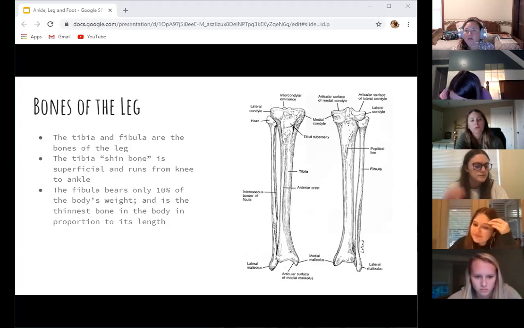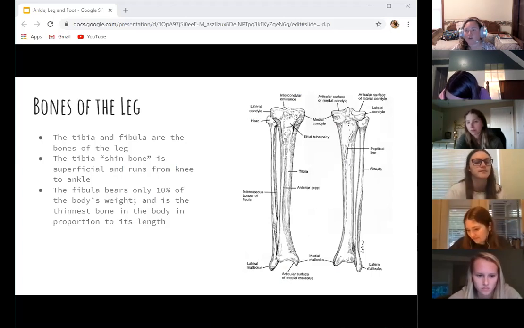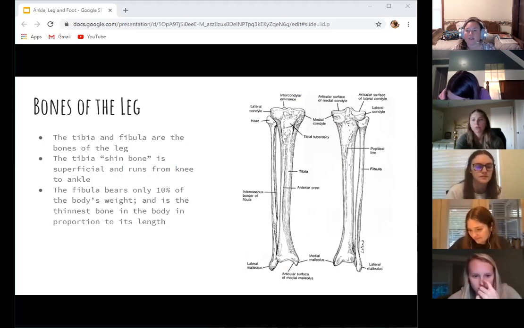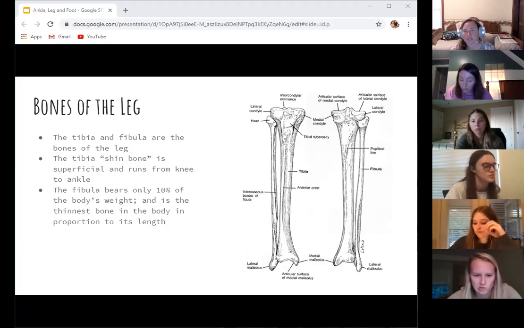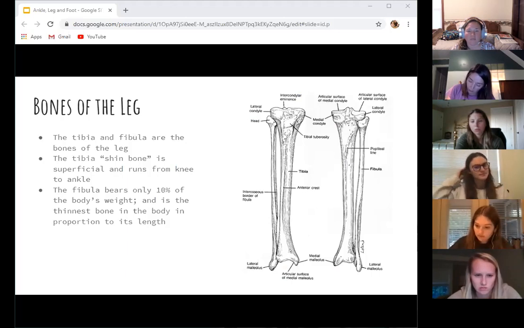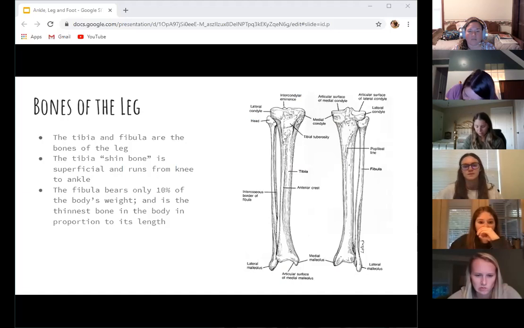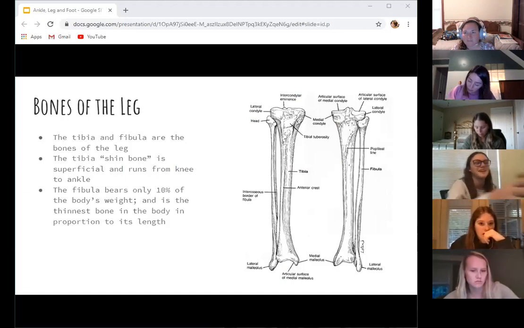The fibula bears only about 10% of your body's weight. It is the thinnest bone in the body in proportion to its length. So it is a long, thin bone. And it has fewer actual attachments, similar to the radius.